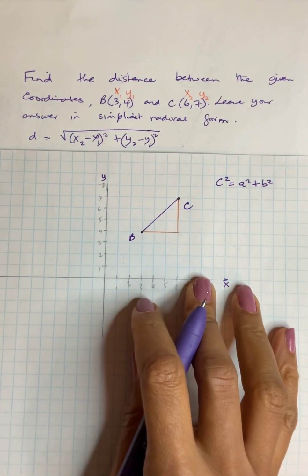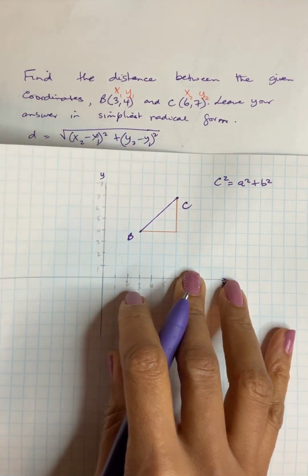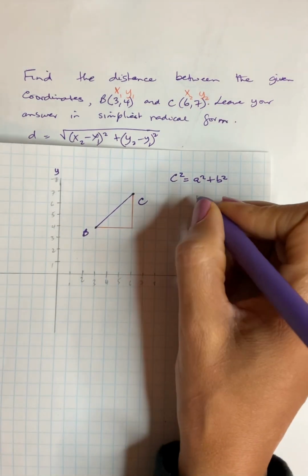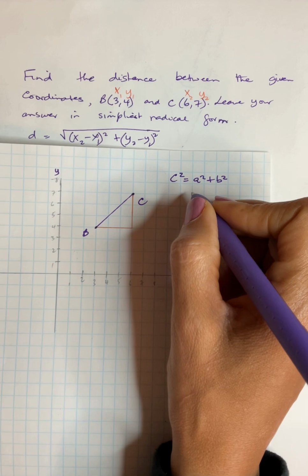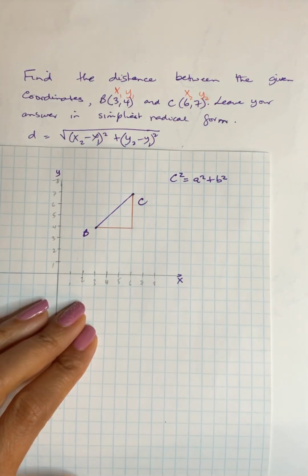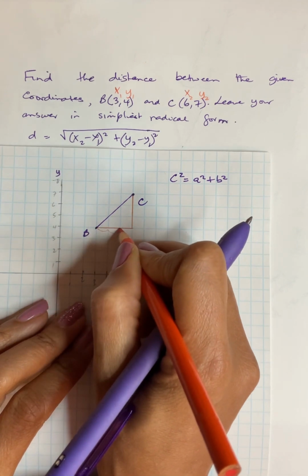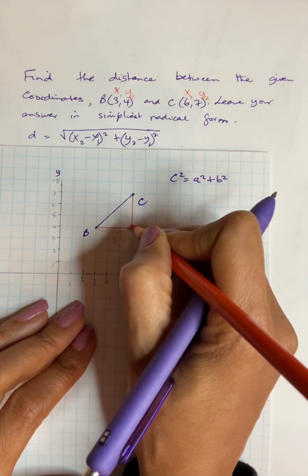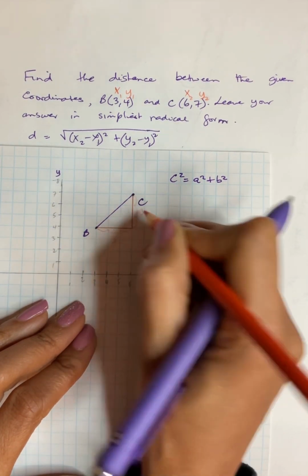Okay, and with your Pythagorean theorem formula, you substitute what you have there for the difference you have to measure. 1, 2, 3. These are 3 units. 1, 2, 3 units up.